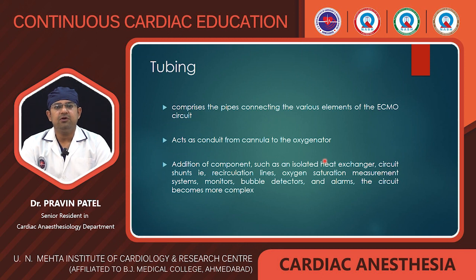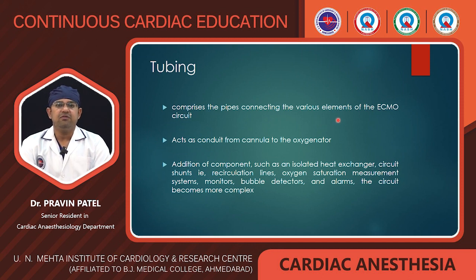Now the tubings. Tubings are basically the conduit from the cannula to the oxygenator. Various tubings are available, like what we saw in the bridging, and for any renal replacement therapy you need to add additional tubings.